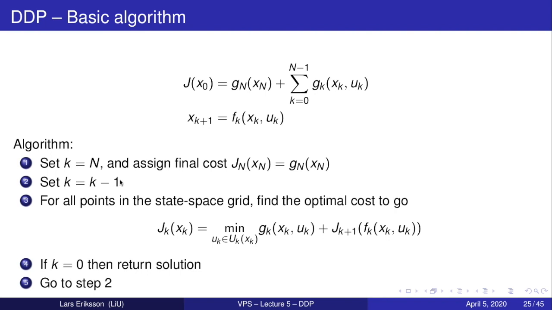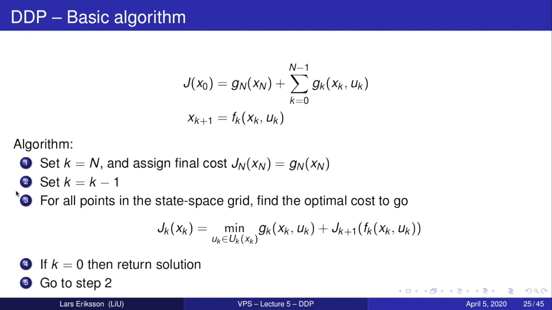Then we go one step down, so we go to n minus 1 the first time, and for all points in the state space grid we find the optimal point. So we search over all of these that have index k by taking the k plus 1. Initially this was J_n, and then we are searching for each point what is the optimal path to reach the next point. If we have reached 0, then we have the solution.